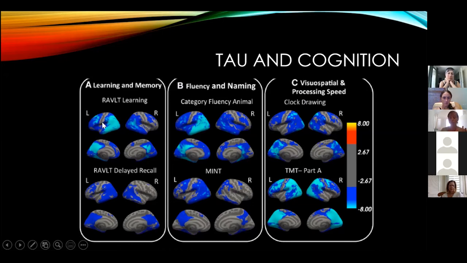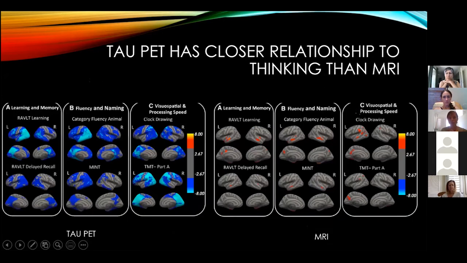Again, it's a verbal task, so you expect the left hemisphere to be more involved. And here, this is the MINT, a language task that everyone here is quite familiar with. Again, it's a very left hemisphere correlation, which you'd expect, whereas something that's more processing speed is more diffuse, going bilaterally kind of everywhere. So we're building off of that research.